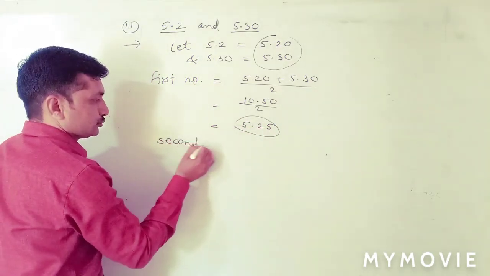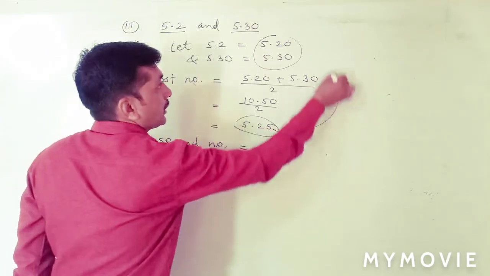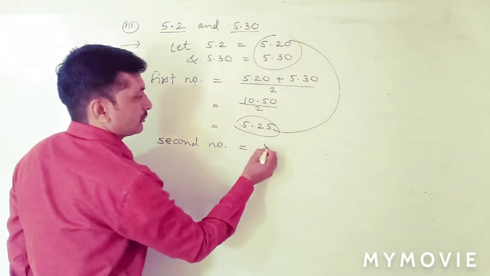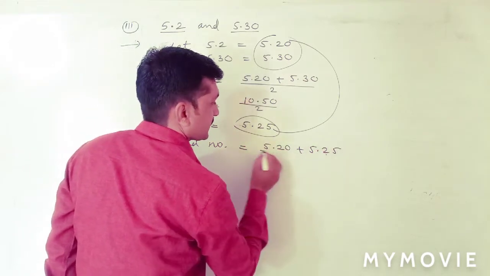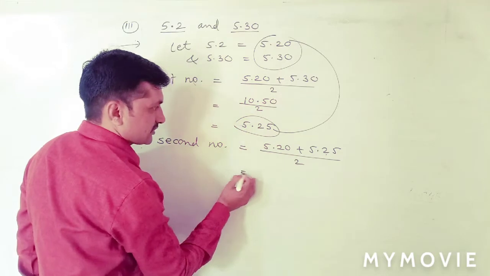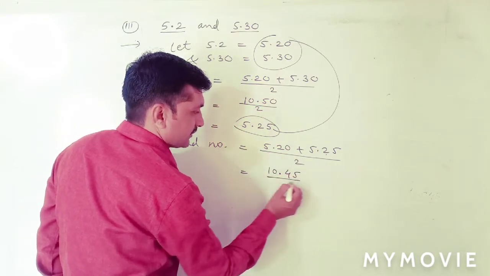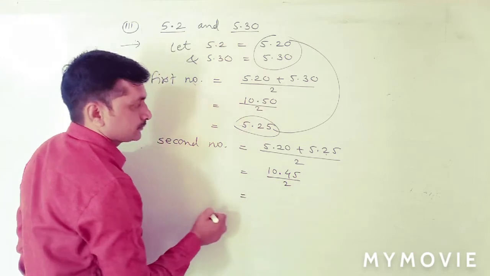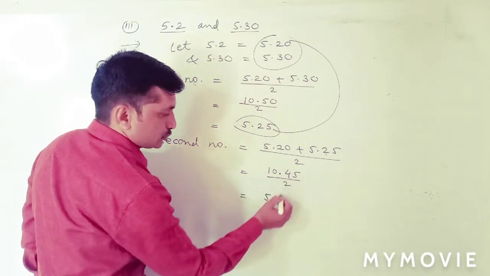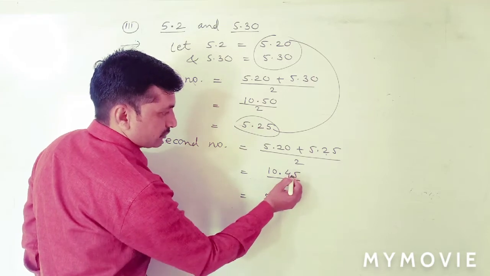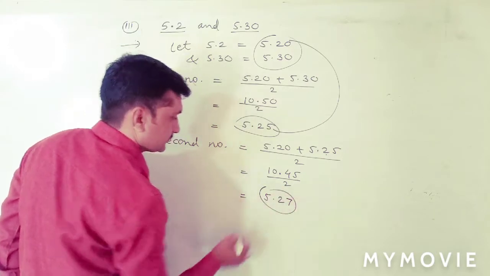Second number is equal to the average of this and this. 5.20 plus 5.25 divided by 2 is equal to 10.45 divided by 2. 2 5s are 10, 2 2s are 4, 1 2 7s are 14. Second number.